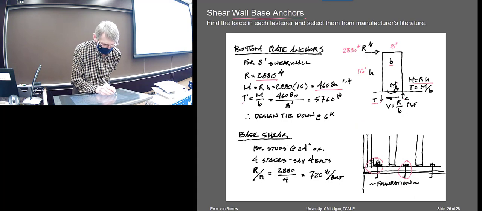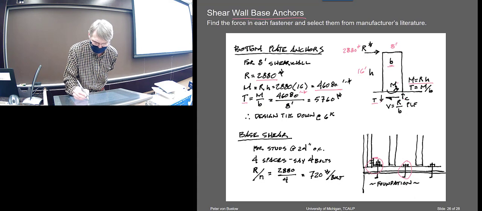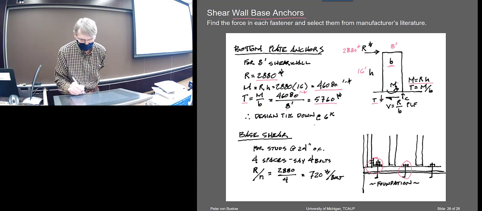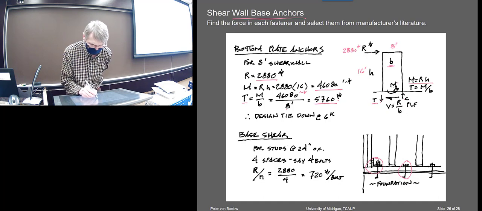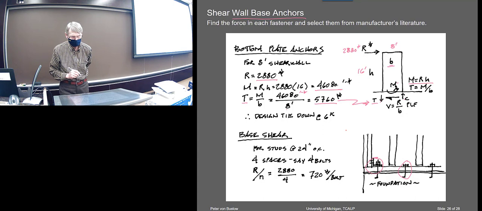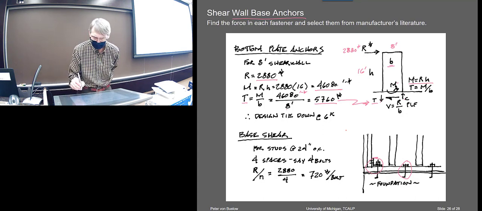So the tensile force then is that same moment in foot-pounds, and the width of 8 feet. So I come out with the tensile, that gives me this tensile force, right? That's that tensile force. So now I have to design a tie down to resist that, okay?